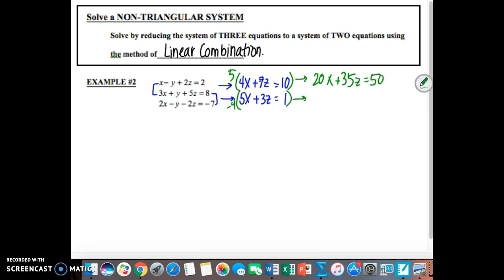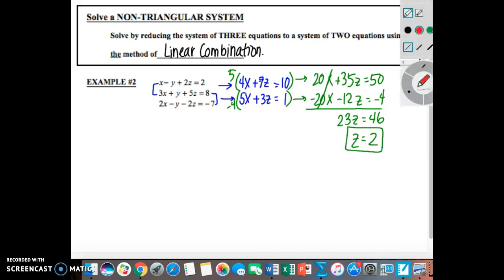And the bottom equation becomes -20x minus 12z equals -4. So then adding our terms, our x's will cancel, and we are left with 23z equals 46. Dividing by 23, we're left with z equals 2.